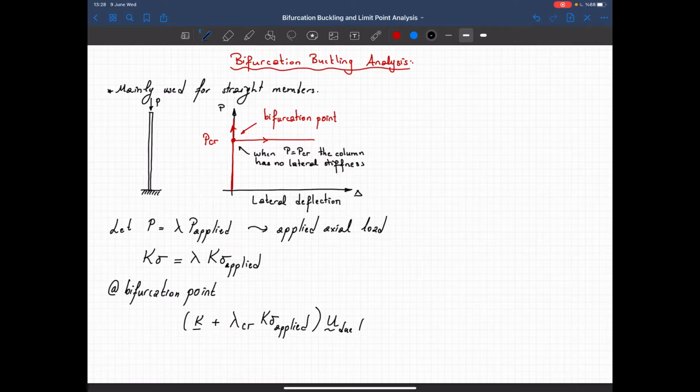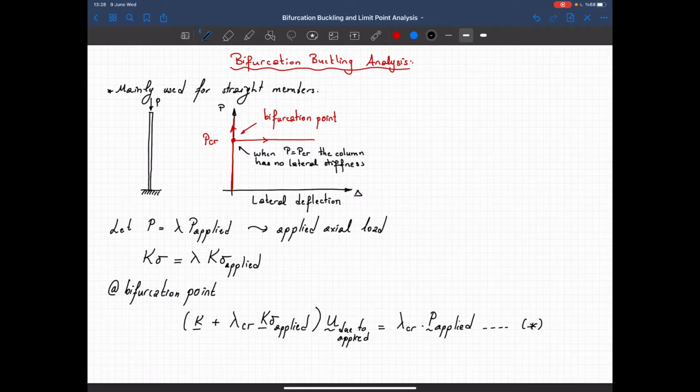Again, this is due to applied loading, and it should be equal to lambda critical times P applied, right? So this equilibrium condition must be satisfied.